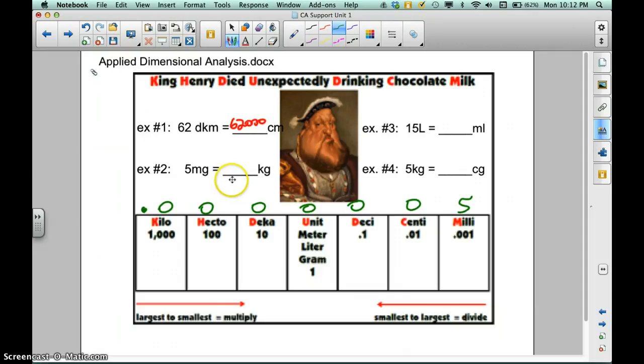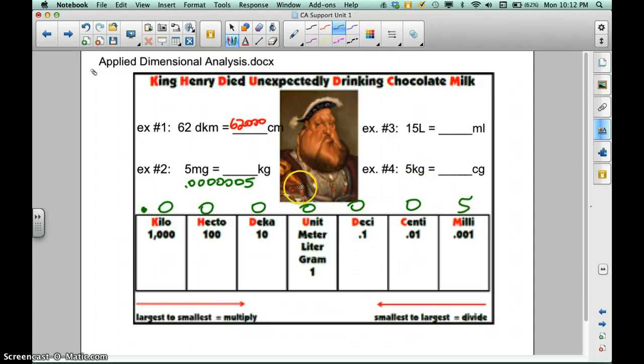So 5 milligrams is 0.0000005, with 6 zeros after the decimal point. I know that seems ridiculous, but a kilogram is way, way, way bigger than a milligram. And so if I'm measuring in kilograms, 5 milligrams is going to be a very, very small fraction of a kilogram.